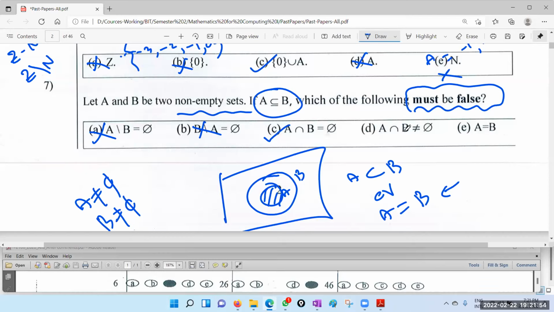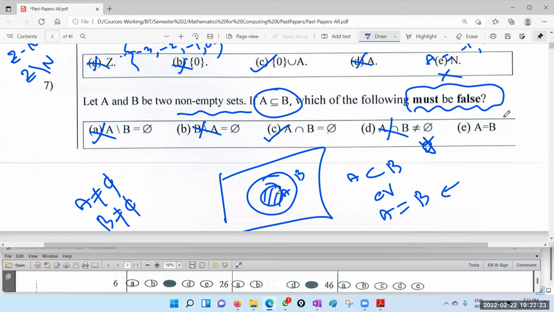So therefore A intersection B is not equal to 5 is actually true, not must be false, because A intersection B is A. A cannot be 5, so A intersection B cannot be 5. So therefore this is not must be false. This is sort of must be true, right? So this is not what we need.